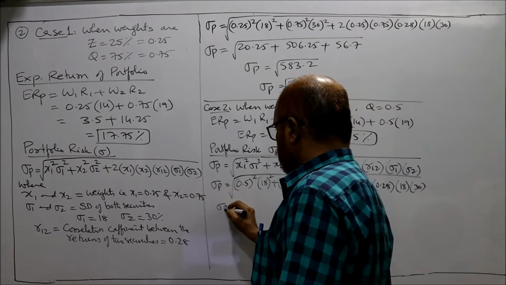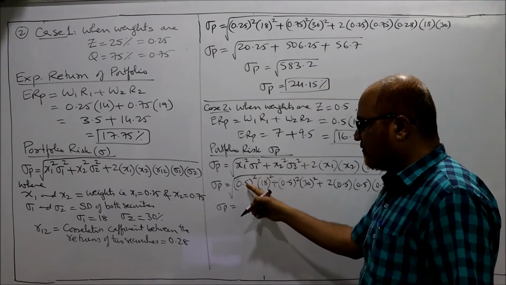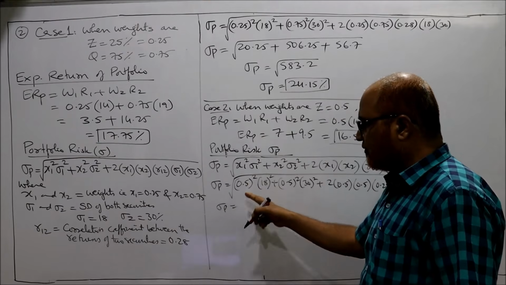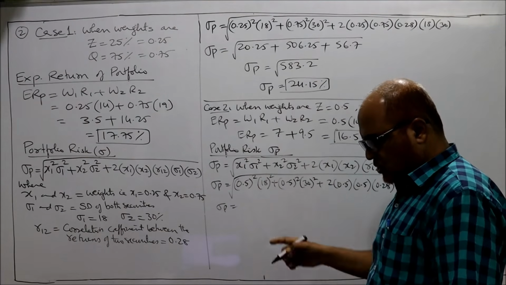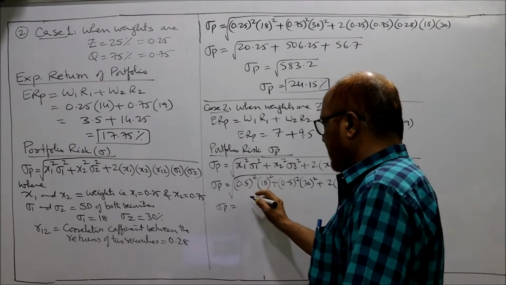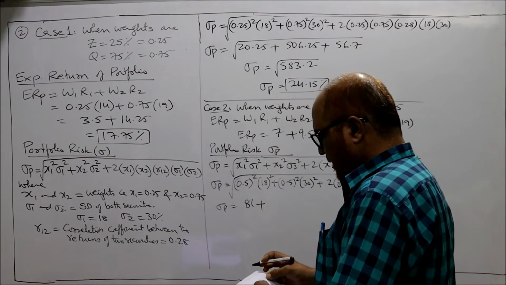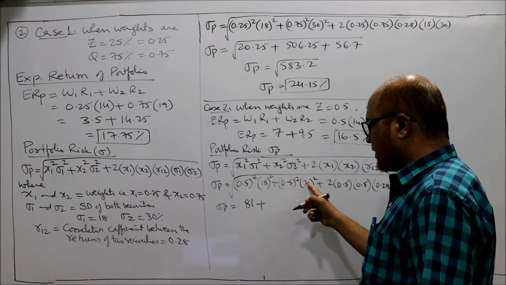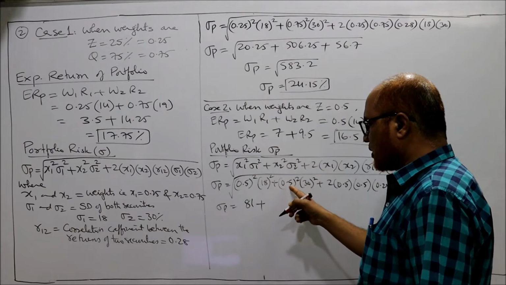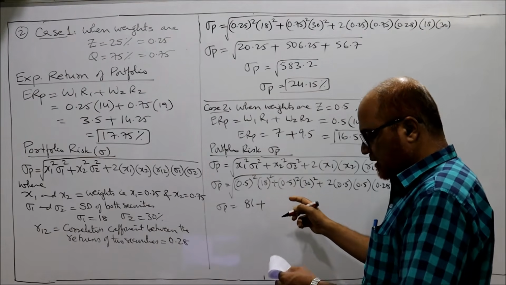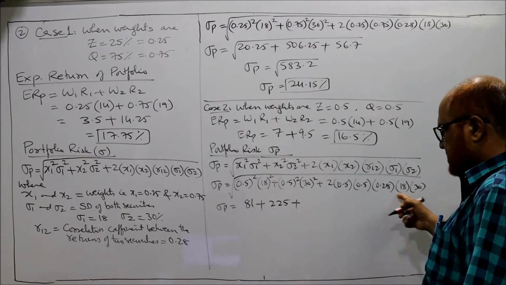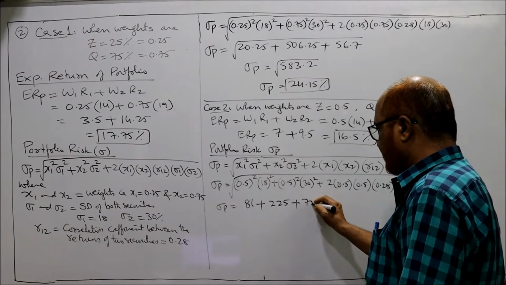So 0.5 square is 0.25, into 18 square, so ultimately you get 81. Plus 30 square is 900, 0.5 square is 0.25, into 900 you will get 225. Plus multiply all these terms, you are going to get 75.6.